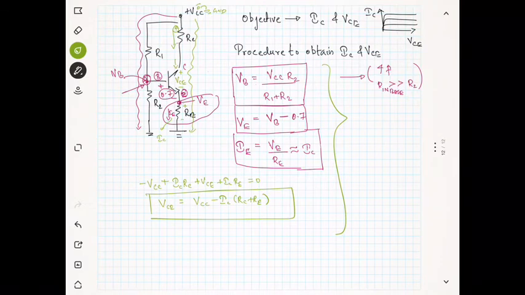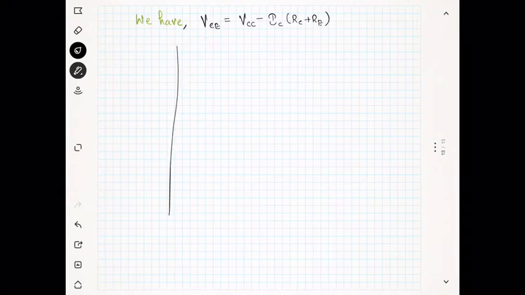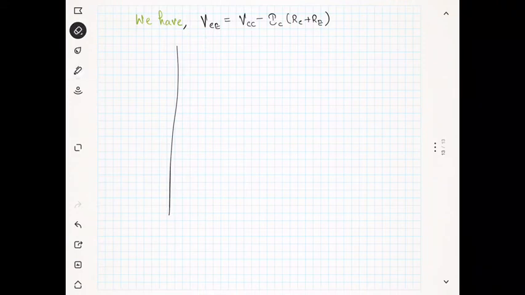Now we will see how to draw the load line. We have the equation VCE is equal to VCC minus IC into RC plus RE.